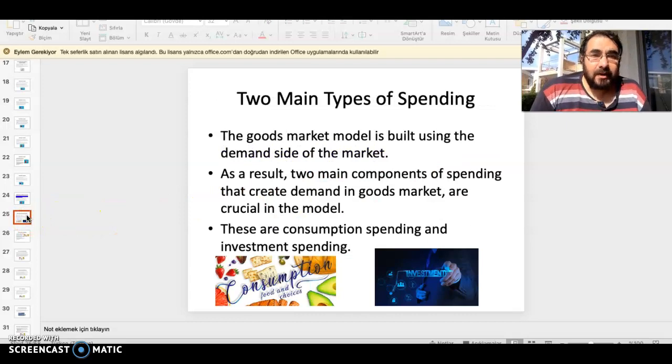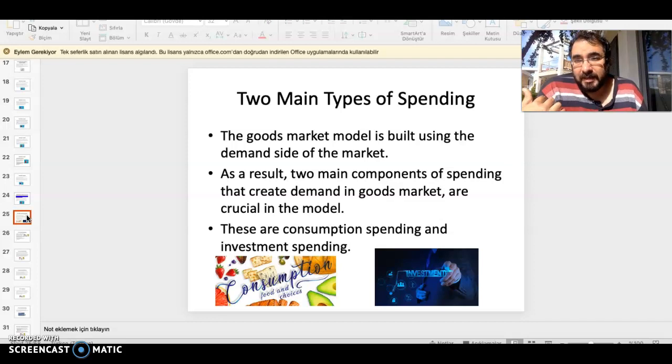So now we can go to the main elements of the model we will see, and we will use the multiplier on our path also. Our assumption will start by defining two different types of spending.